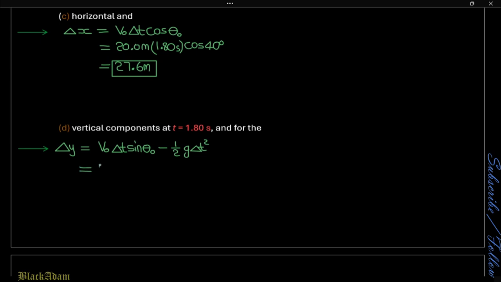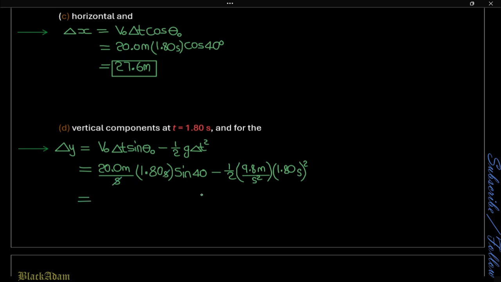That's 20.0 meters per second multiplied by 1.80 seconds times sine 40 degrees, minus half of 9.8 meters per second squared multiplied by 1.80 seconds squared.